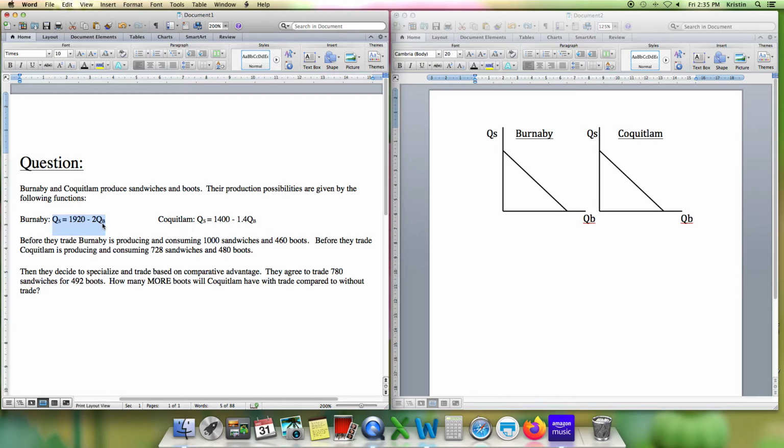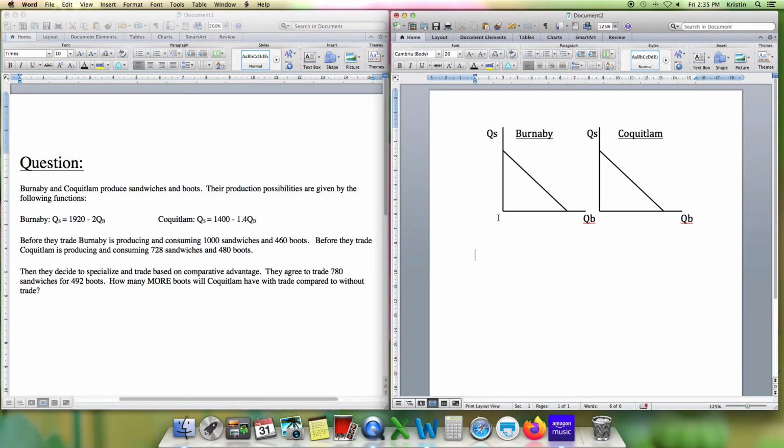What this means is that when the quantity of boots is 0, the quantity of sandwiches would then just be 1920, and that will be this number over here.